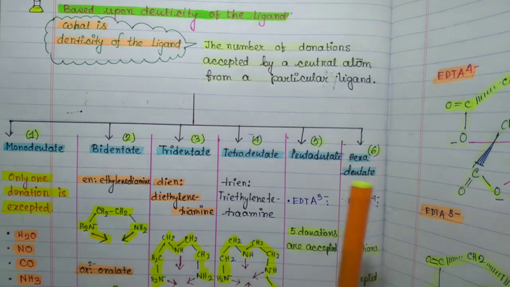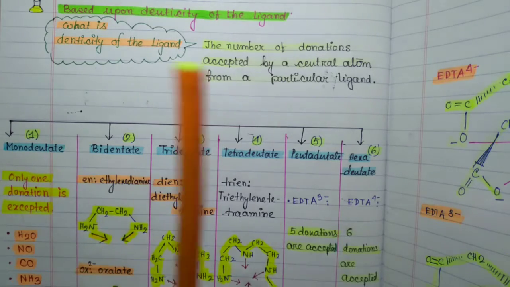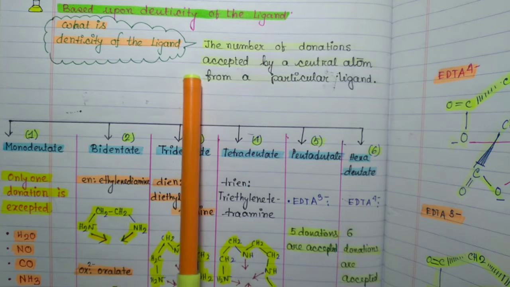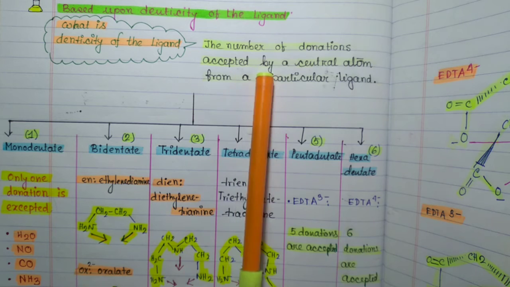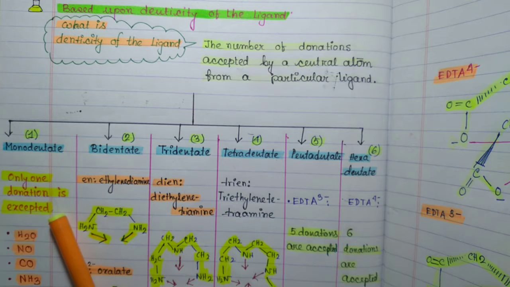We all know that mono means one. So monodentate ligand means only one donation is accepted. Denticity means the number of donations accepted by the central atom. So for a monodentate ligand, only one donation is accepted.